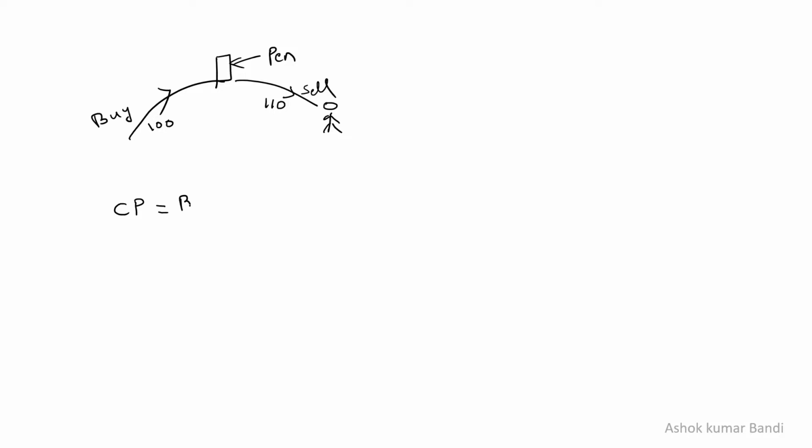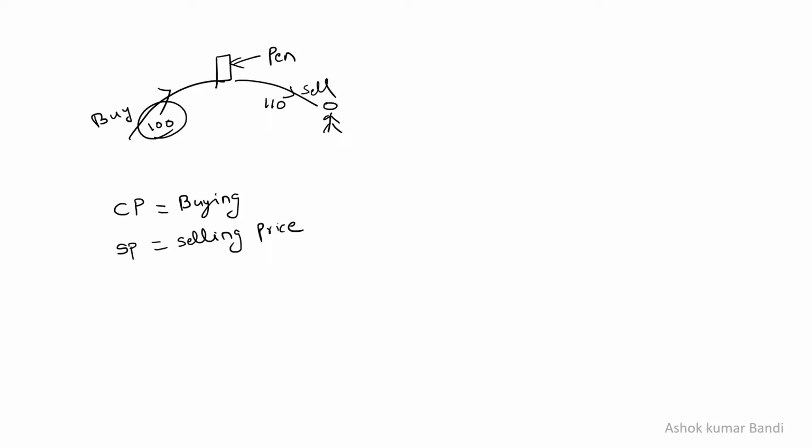Cost price means simply buying price. Now let us take you are buying the pen for 100 rupees and you are selling it to someone else for 110 rupees. For whatever price you are giving it to the other, we are going to call it selling price. CP means cost price, SP means selling price.